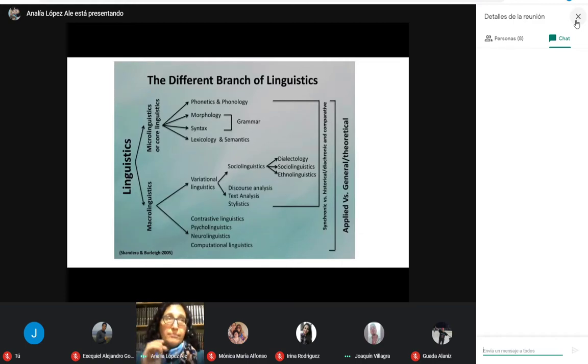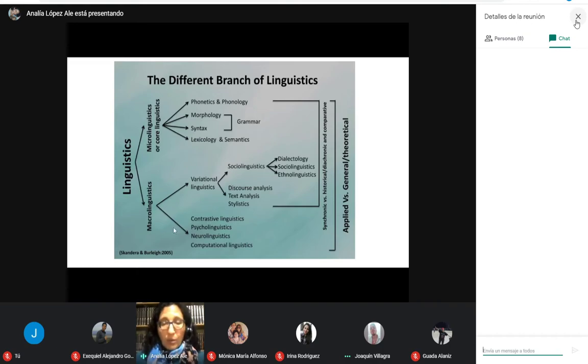For example, I can think of accent discrimination, I mean, being discriminated because of your accent. So that could be an applied study of sociolinguistics.